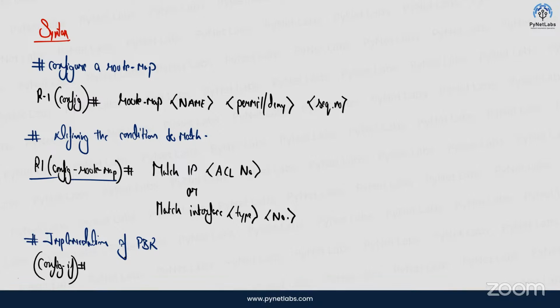On the interface, you say ip policy route-map, because the policy is executed with the route map, and then you give the name of the route map. That is how the complete syntax looks for policy-based routing.